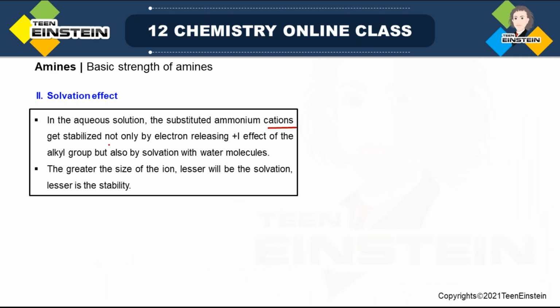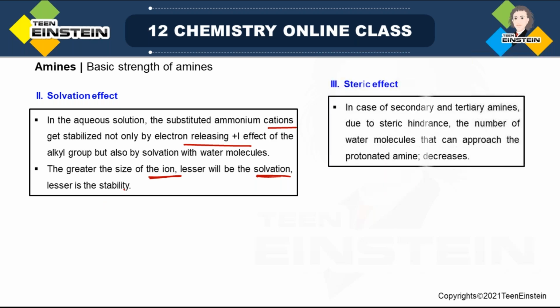Ammonium cations get stabilized not only by the plus I effect, but also by solvation from water molecules. So now there will be some hydrogen bonding between ammonium and water molecules. The greater the size of the ion, the lesser will be the solvation. That means if the protonated amine is very large in structure, water molecules cannot approach very easily.